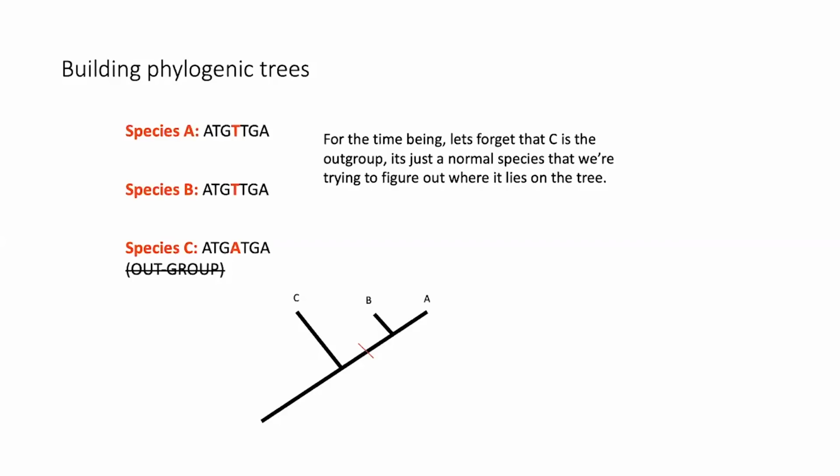Right now, I know that A and B are distinct from C, and so this could be the evolutionary relationship, but it could also be arranged in different ways. So we want to add in additional information to resolve what this phylogenetic tree really looks like.